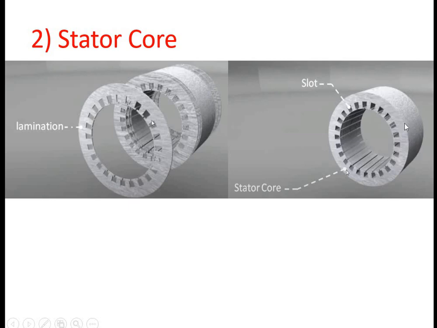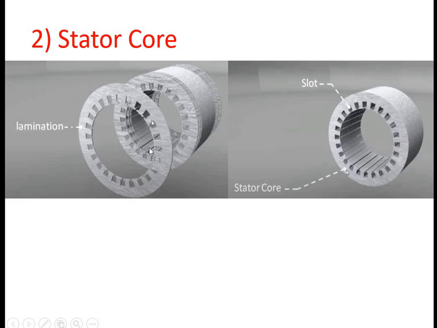This is the complete structure of the stator core, and we can say it is a cylindrical laminated stator core. To get this entire structure, we use slices of iron, that is stampings. Each stamping will be at least 0.4 to 0.5 millimeter thick, and all the stampings are stamped together to get a complete solid laminated stator core.